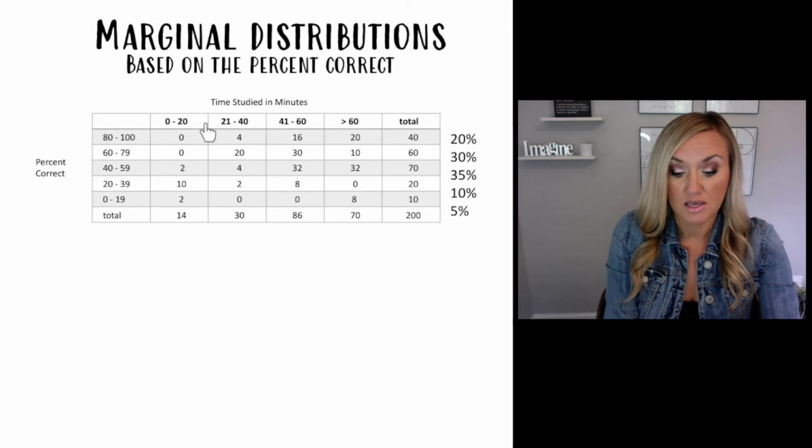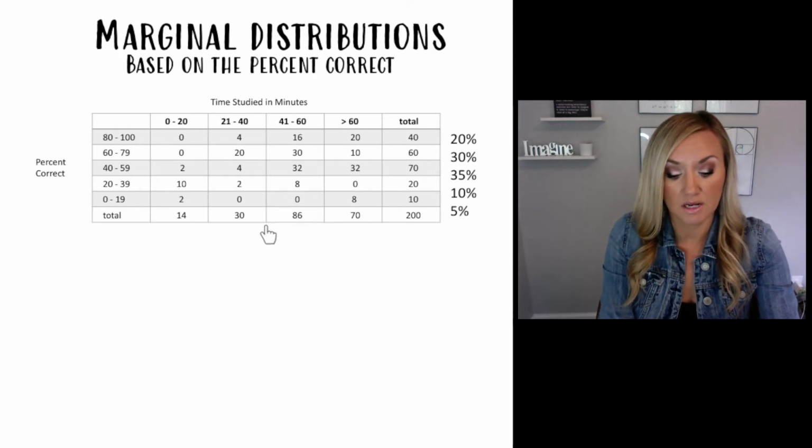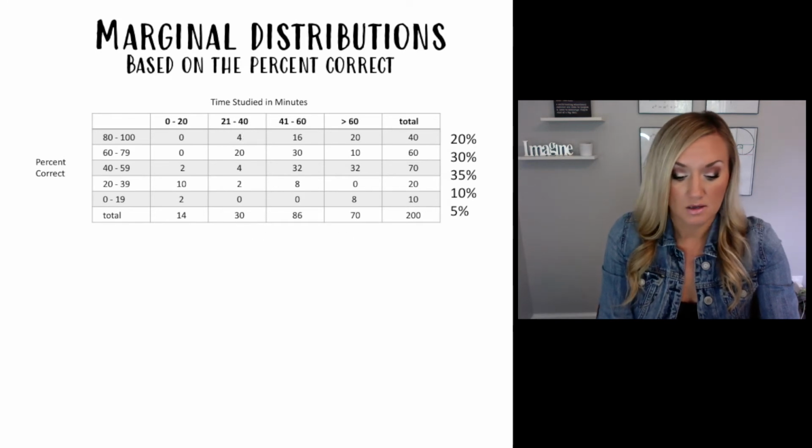The totals here are the time studied in minutes. If we look across at these totals, 14 students out of 200 studied between 0 and 20 minutes before the test. 30 students out of 200 studied between 21 and 40 minutes for the test.